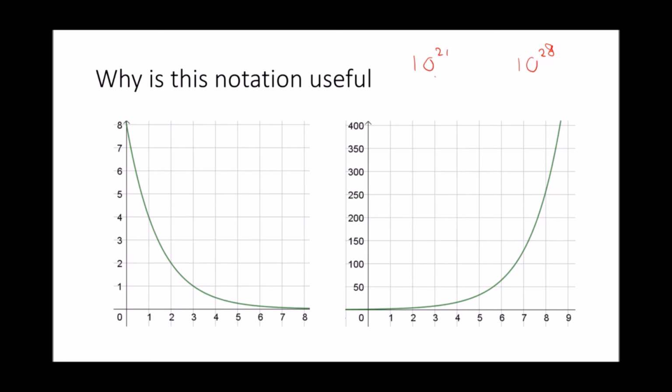However, once you've written them in scientific notation, so with the 10 to the power of something, you know that one is about 10 to the power of 7 times larger than the other, because the power is 7 higher. So you know that they are, in this case, 10 million times larger. This takes some getting used to, and it doesn't immediately become obvious, but the more you work with this notation, the more useful it becomes, and the easier it is to see what is actually larger, what is actually smaller.